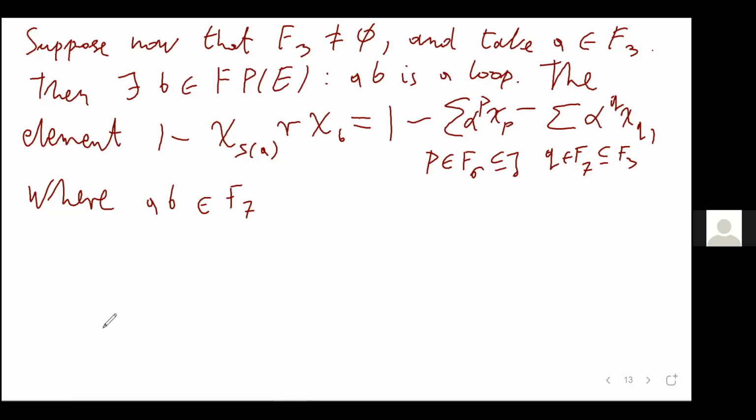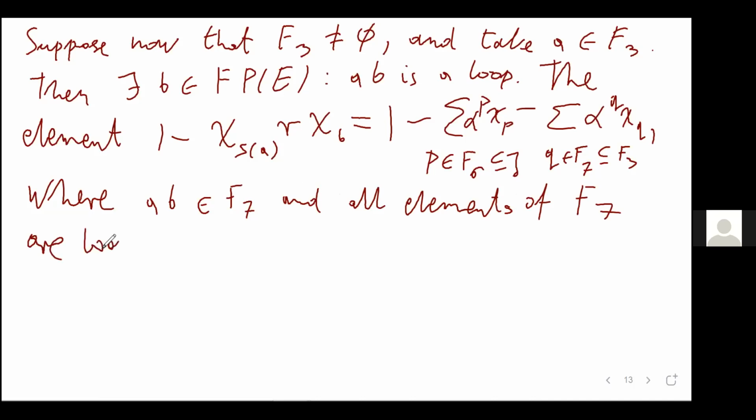And all elements of F7 are loops based at U. I sort of don't care about this sum over F6. All of this is in my nilpotent ideal, which is the span of chi P's with P running over J. This is an element of this nilpotent ideal, and that's something I don't want to kill.